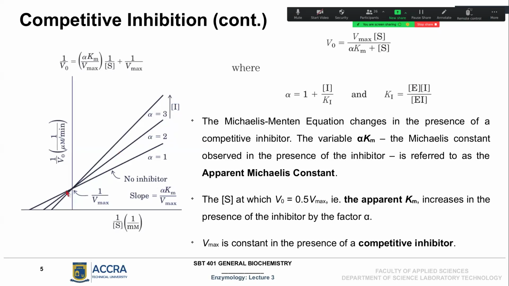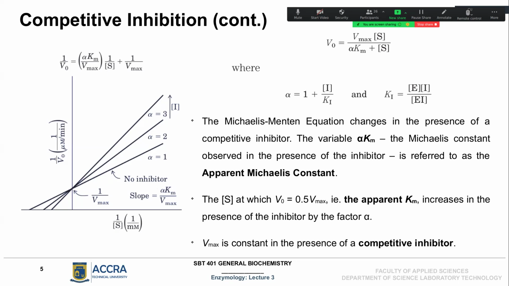You see that these points on the vertical axis, which is the reciprocal of the maximum rate of reaction, is a converging point. It's a converging point because in competitive inhibition, the maximum rate of reaction is not affected.